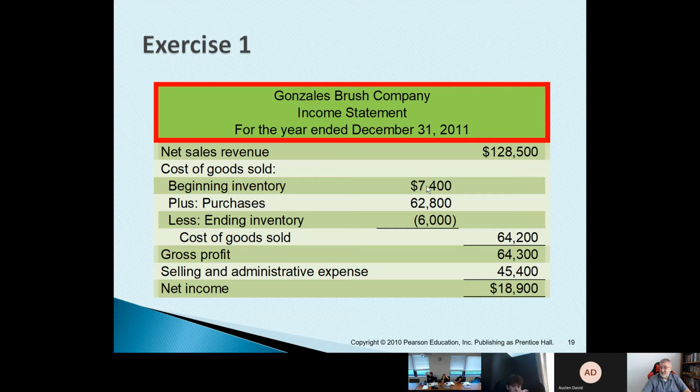So if you add what we began with and what we purchased, subtract what we have left over, that's our expense for the month. This is how much the brushes cost us that we sold. Well, we sold them for this amount. So if we sold them for this amount and it cost us this amount, if I take this minus this is my gross profit for the month. Okay?